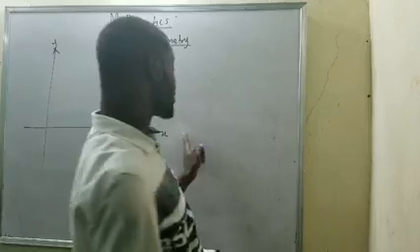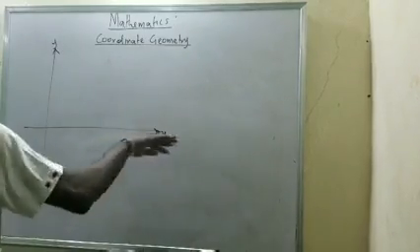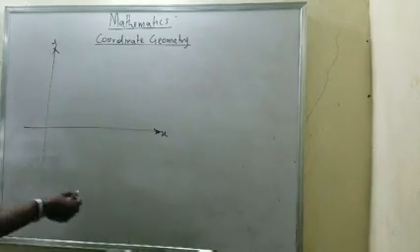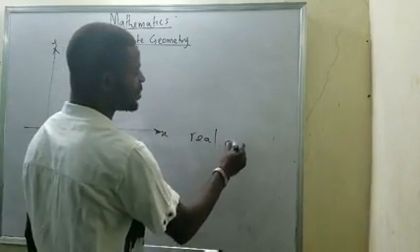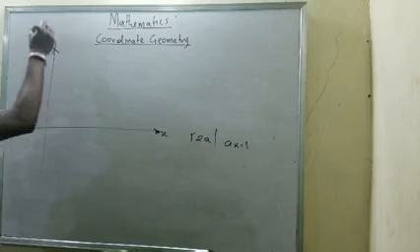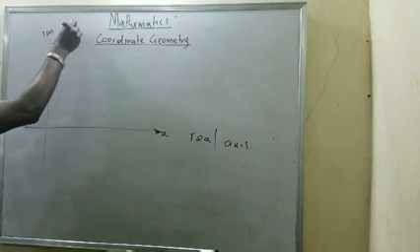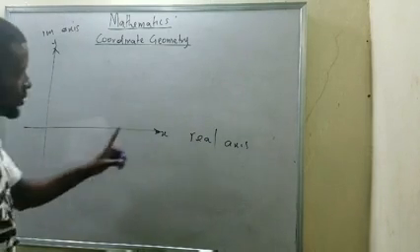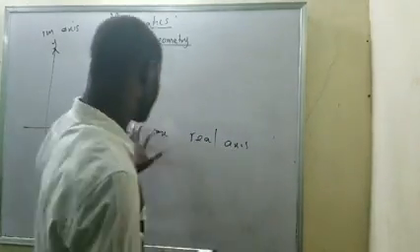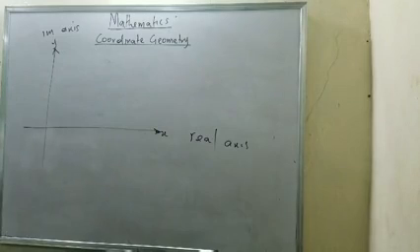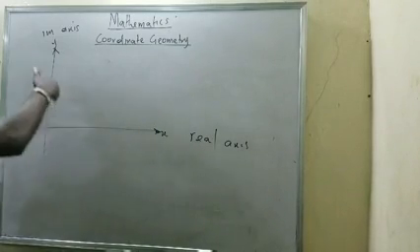I'm just cutting off here. It means that is continuous. But we call this the real axis, and we call this the imaginary axis. The real axis is always stated. It's always real. It means this real axis will generate the imaginary axis.